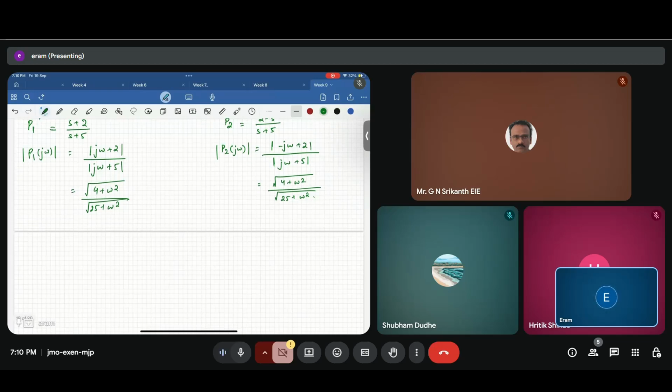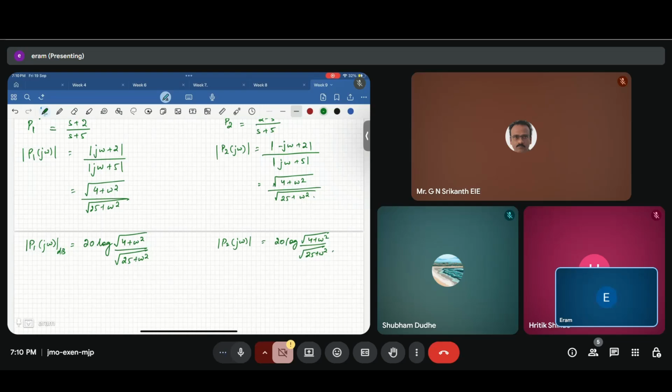Okay, so in dB, what will it be? It will be 20 log of square root of 4 plus omega square divided by square root of 25 plus omega square, and for T2 it is also 20 log of square root of 4 plus omega square divided by square root of 25 plus omega square.